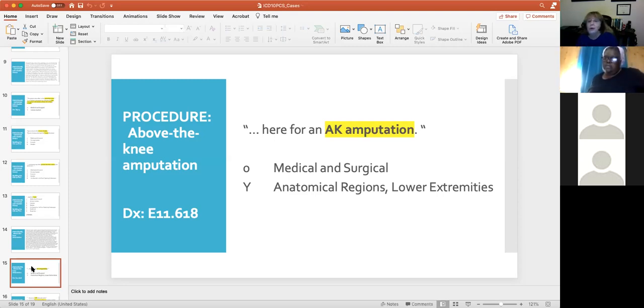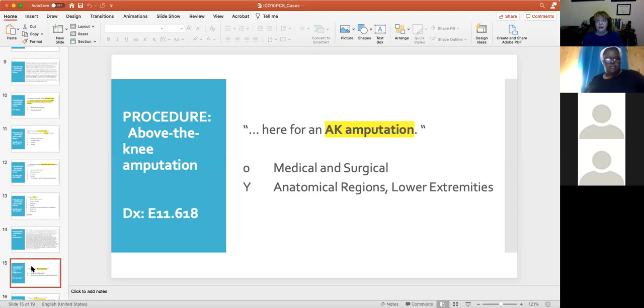Anatomical regions, lower extremities. So yes, lower extremities are your legs. Anatomical region because we are talking about the thigh, which is a region of the body. And again, because it included work on all of these different body systems, we couldn't narrow this down to just skeletal, just muscular. So we go with anatomical regions, lower extremities.